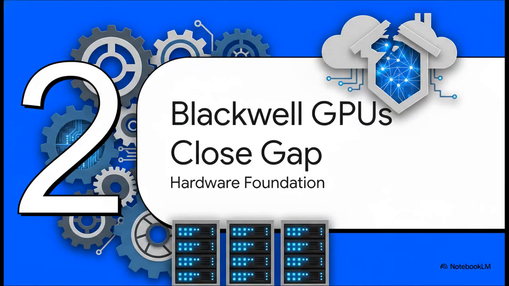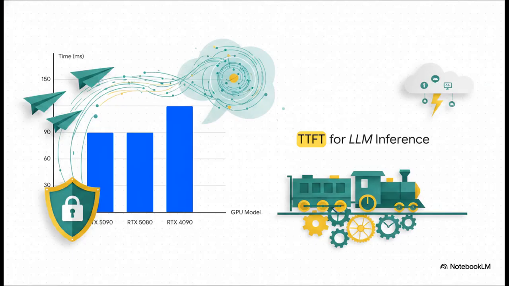Moving right along to Section 2, how Blackwell GPUs close the gap, forming our incredibly powerful hardware foundation. Now, if you're tracking AI performance, you know the holy grail metric is time to first token. Basically, how fast does the AI start typing back to you after you hit enter? Well, the flagship RTX 5090 is now achieving a sub-100 millisecond response time for raw inference.